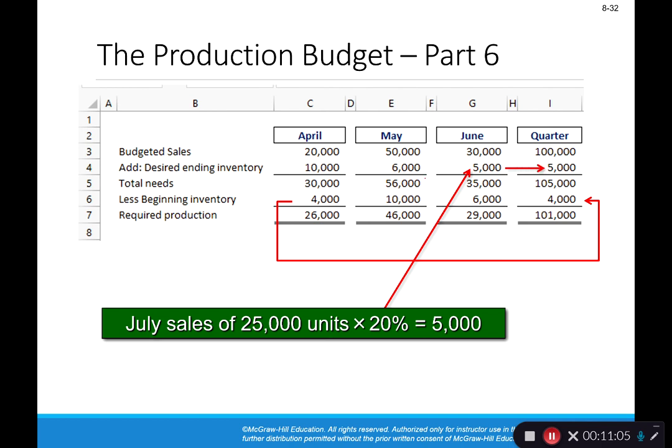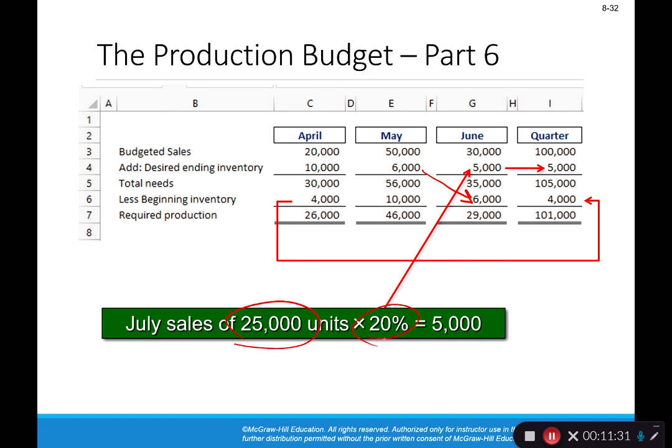And you can see there's that 6,000 right here. How do we get the June ending? Well, we need July sales because the month after June is July. So they gave us at the very beginning of this, the July sales, 25,000 units. And then we take 20% of that to figure out the number of units we'd want at the end of June.